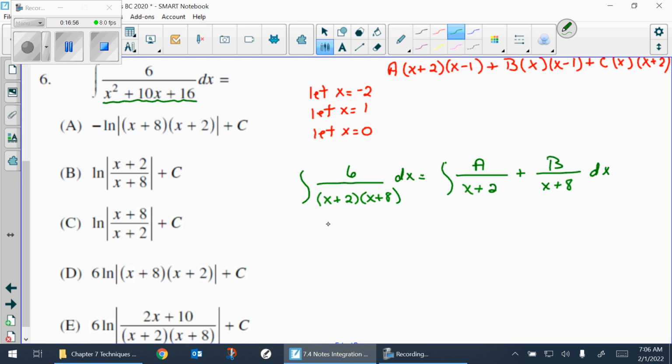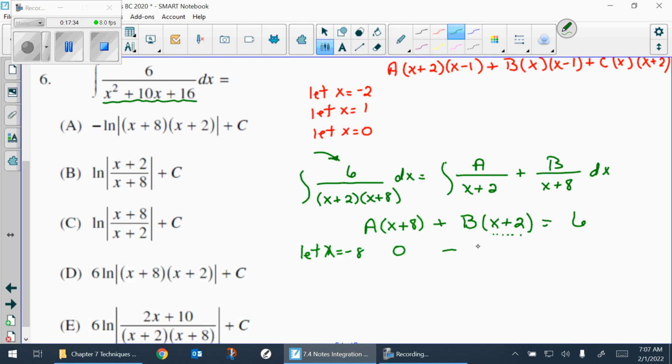All right, so a times x plus 8 plus, let's focus on that numerator, b times x plus 2 equals my numerator back here. So let's let x equal negative 8. Let's see, x is negative 8.